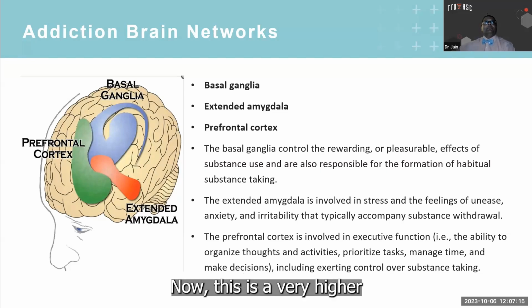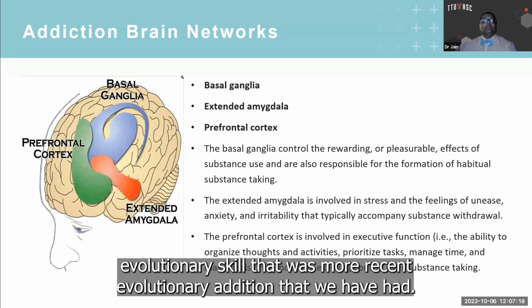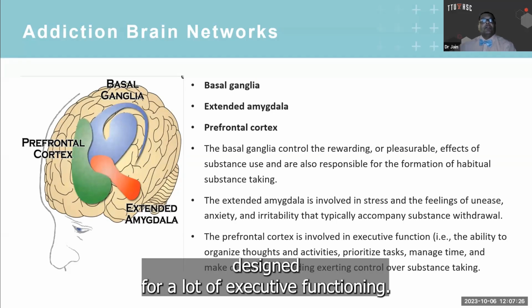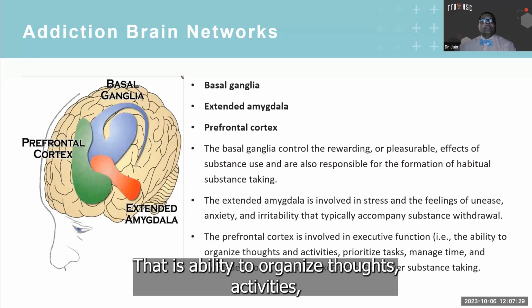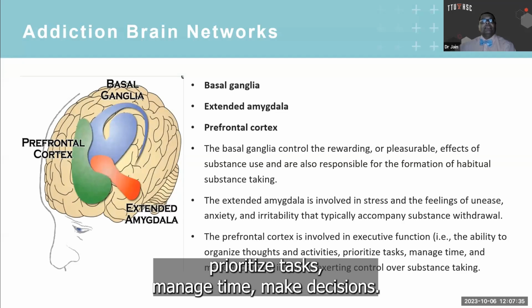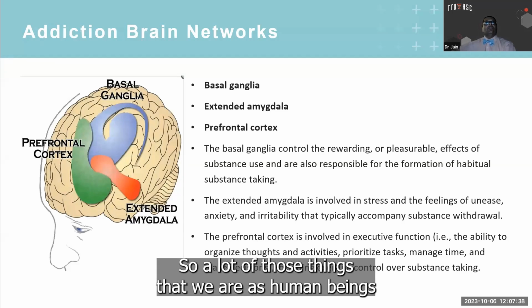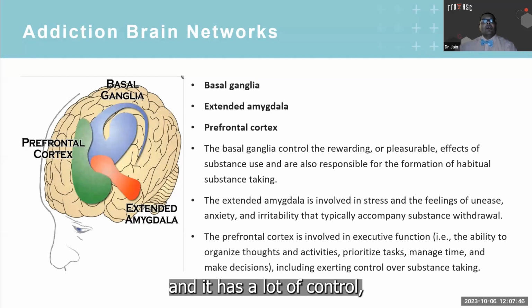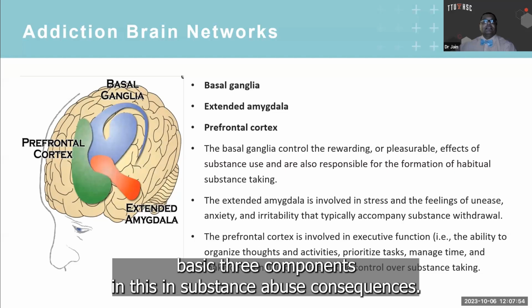This is a more recent evolutionary addition, designed for a lot of executive functioning: the ability to organize thoughts and activities, prioritize, manage time, and make decisions. A lot of what we have as human beings is probably because of the prefrontal cortex, and it has a lot of control, including over substance intake. So we have three basic components in substance abuse.